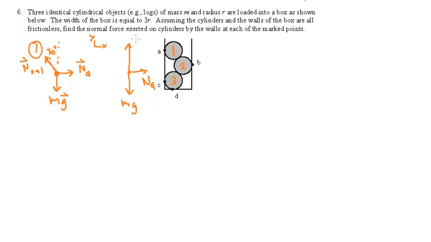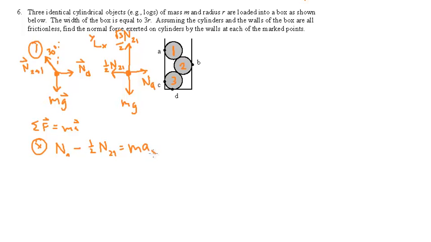Okay? So if we do our standard x, y coordinates, then we're going to have normal force at point A going that way. We're going to have mg going down. Going up, we're going to have n21 times the cosine of 30 degrees, which is square root of 3 over 2. And going to the left, we're going to have n21 times the sine of 30 degrees, which is 1/2 n21.